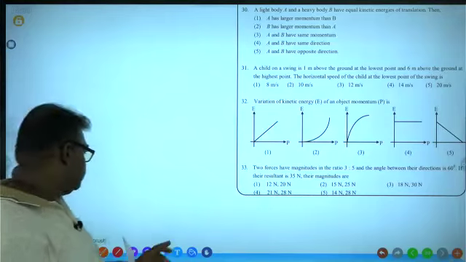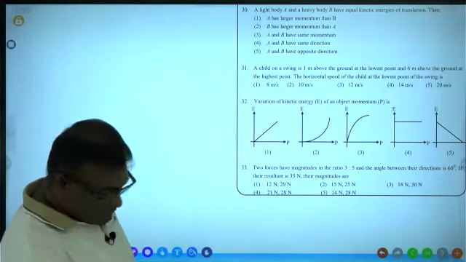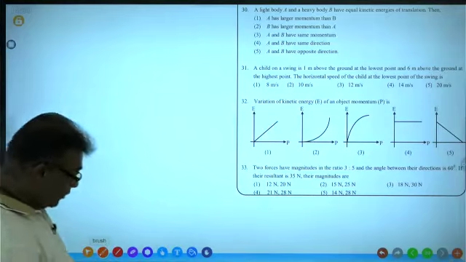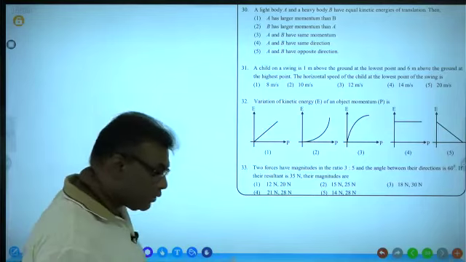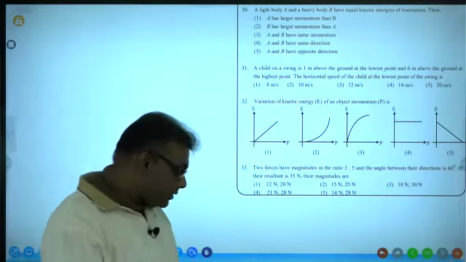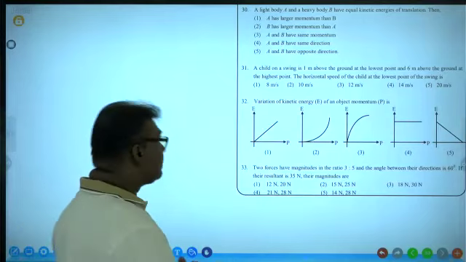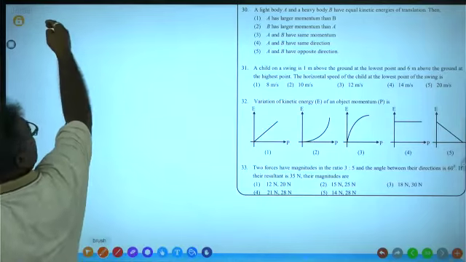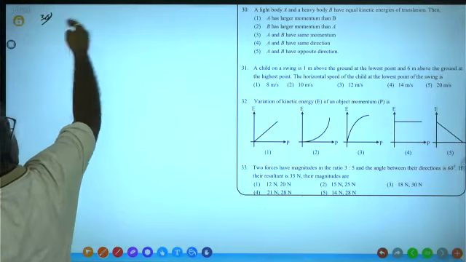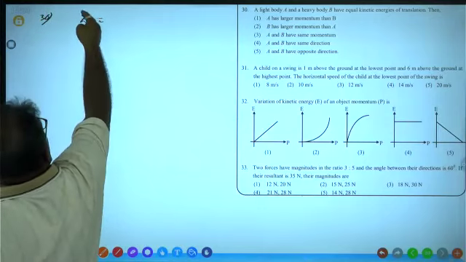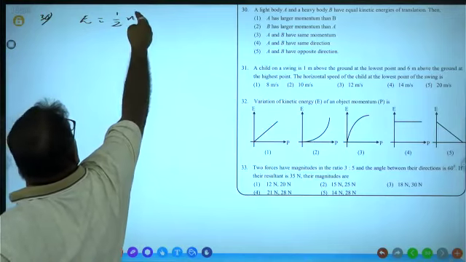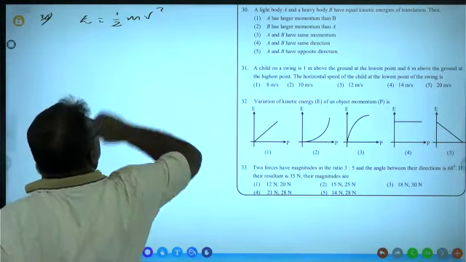Number 30. A light body A, so its mass is low, and a heavy body B have equal kinetic energies. Basically, kinetic energy is written E equal to half mv squared, right?